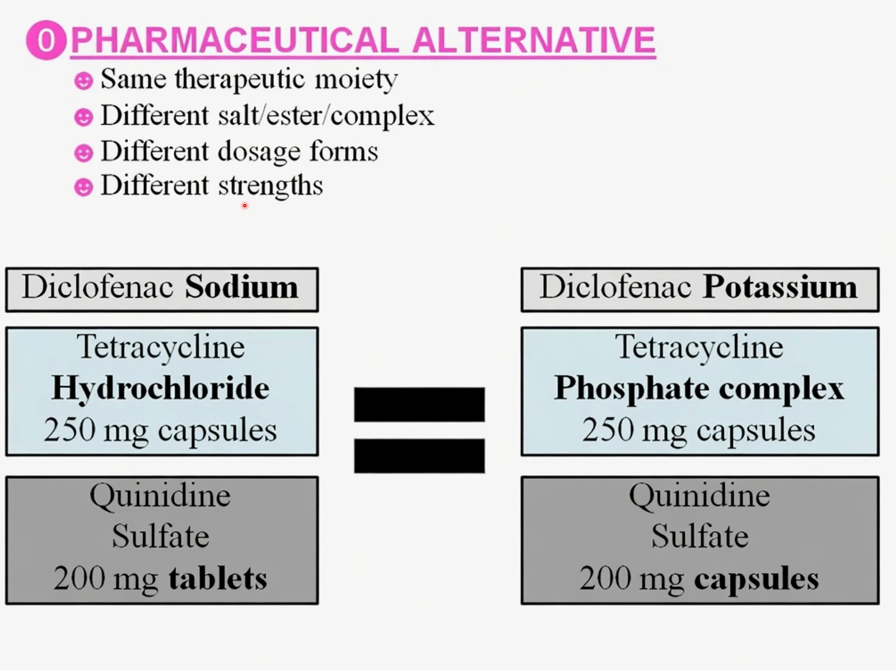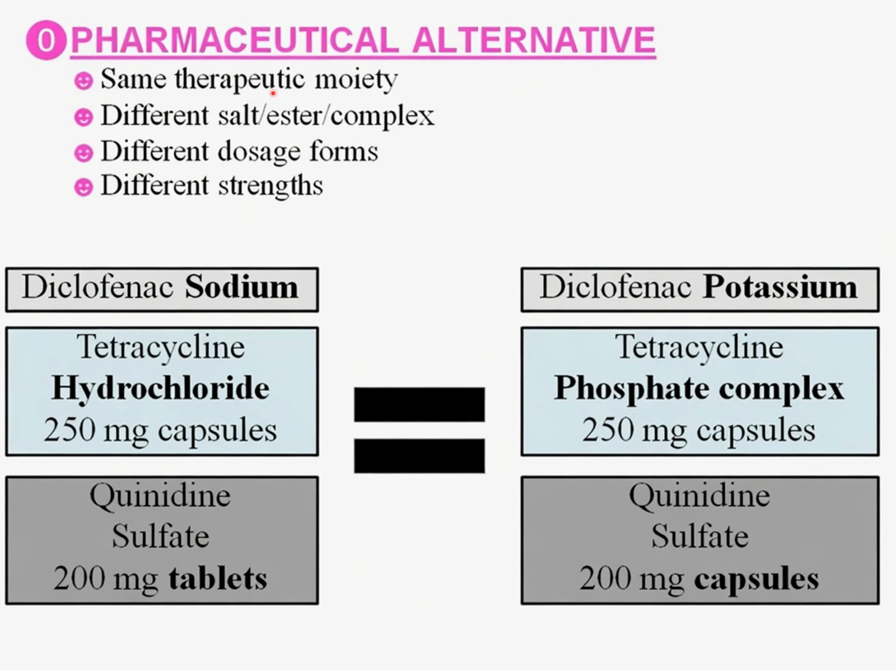Then another term is pharmaceutical alternative. This means they differ in their pharmaceutical properties, like different salt or ester, different dosage form, different strength, but the same API. For example, diclofenac sodium and diclofenac potassium.